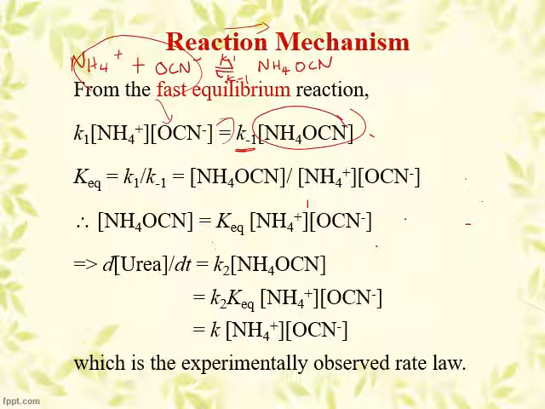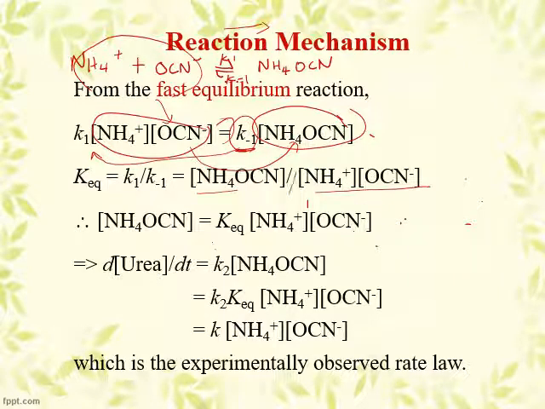We put the rate constants K on one side, so we bring K negative 1 to this side and bring the other to the other side. So the fraction between K1 and K negative 1 can be written as K equilibrium.